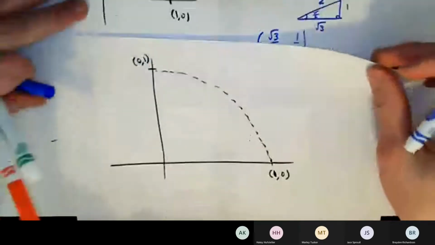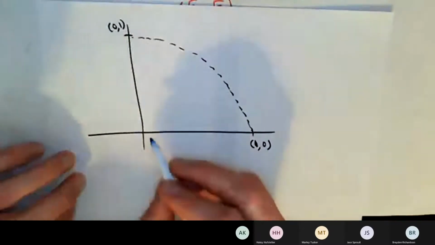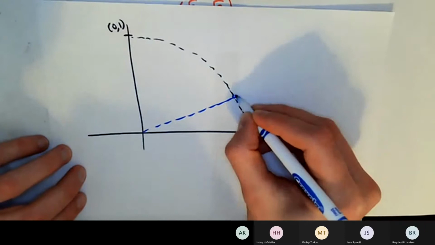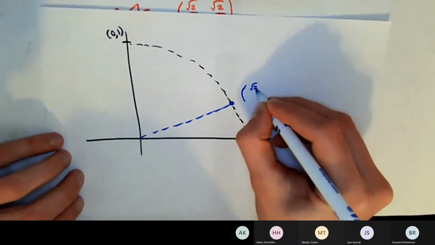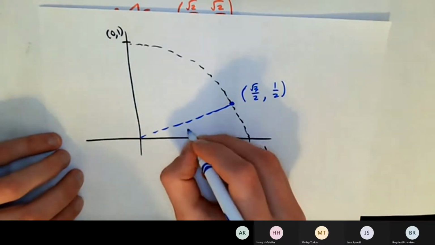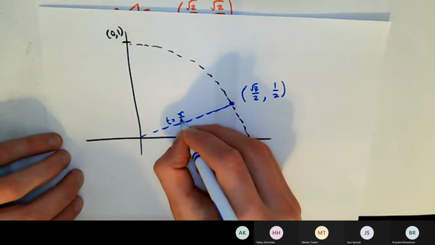The smallest angle, which for your sake I will color coordinate here: for the pi on 6 in blue, I got this coordinate point. So here's pi on 6, which is roughly 30 degrees. That coordinate point I got as square root of 3 over 2, comma 1/2. This was t equal to pi on 6.